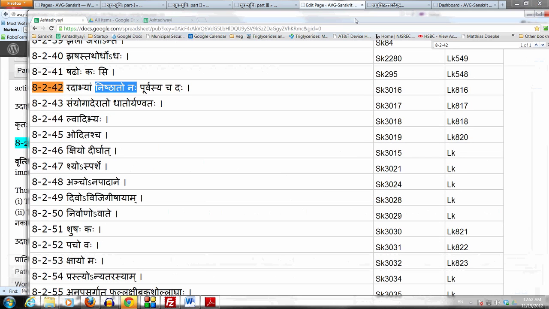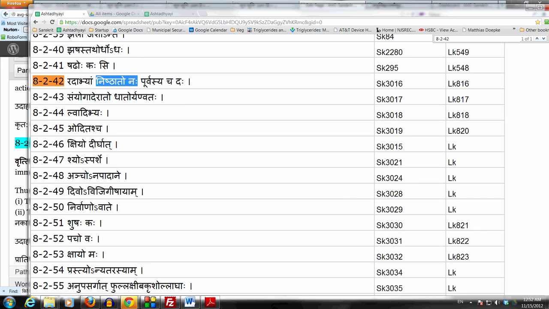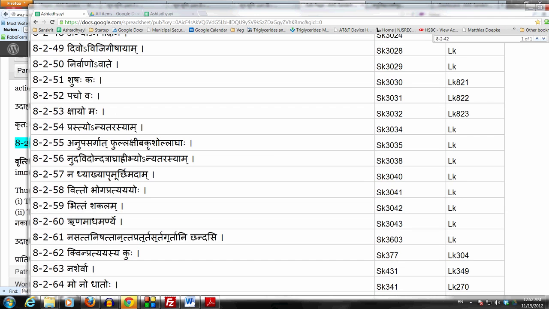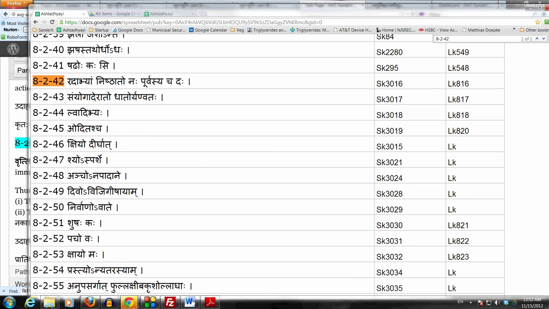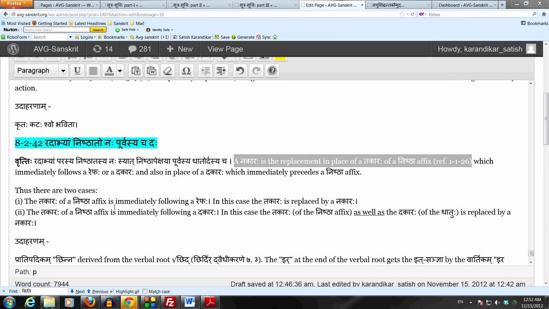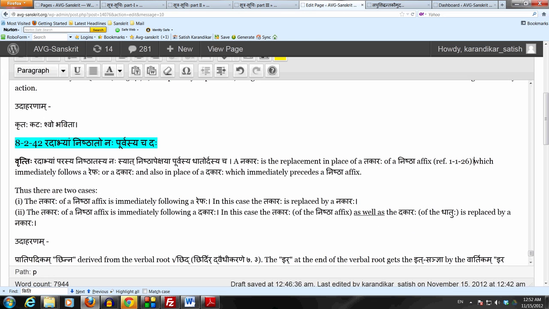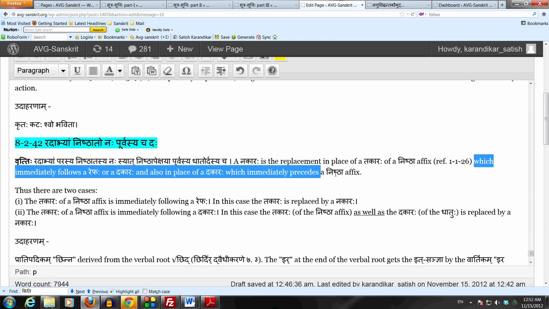Okay, this particular sutram 8-2-42 says radabhyam. So for this sutram to apply, the takaraha of the nishtha pratyaya should be immediately following either a repha or a dakaraha. So you should have either ra or da, and immediately following that should be the takaraha of a nishtha pratyaya. Of course, nishtha we know is kta ktavatu nishtha 1-1-26.